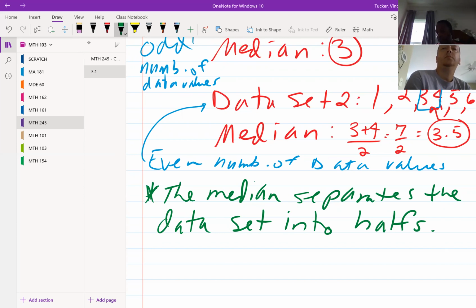So that median is going to separate or split your data in half. So that's one thing that we're going to use the median for later on. It's the middle value, so it splits your data in half.